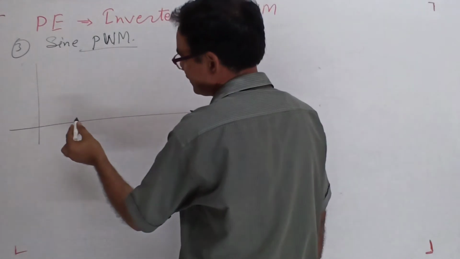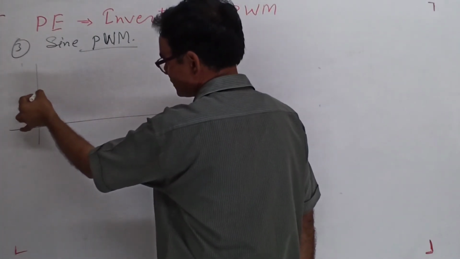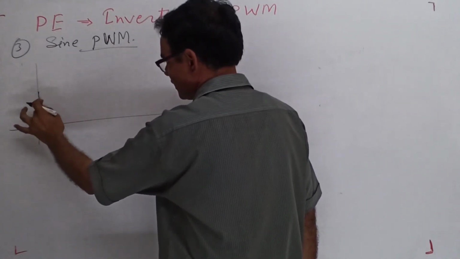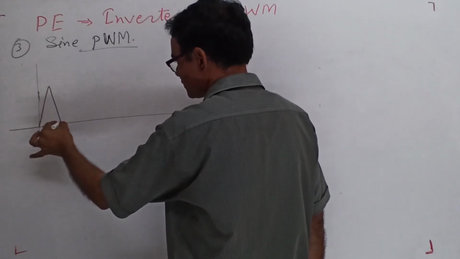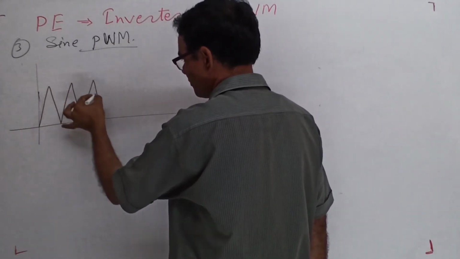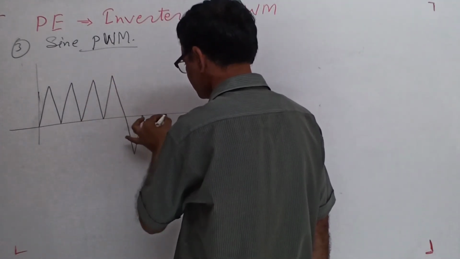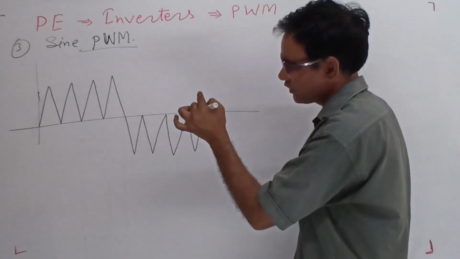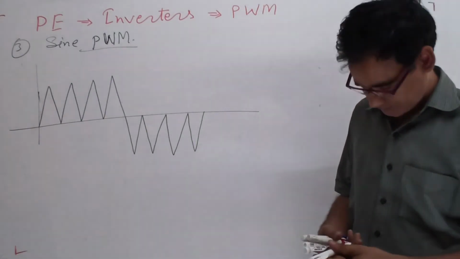In this technique, there is a carrier wave. It can start from zero, or it can start from the peak value. Both are possible. And it is symmetrical in the positive half, 1, 2, 3, 4, 1, 2, 3, 4.